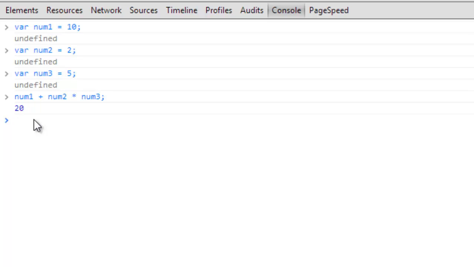The reason was because of the order of operations. This part of the equation, num2 and num3, was actually multiplied together and then num1 was added. So this would be 2 times 5, which would equal 10, plus 10. So you get 20.